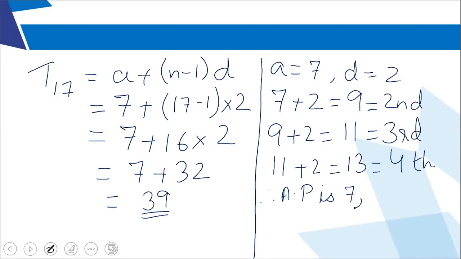Therefore, the arithmetic progression, starting from the first term, is 7, 9, 11, 13, and so on. So this is your sequence. If they don't ask you, then you stop here.